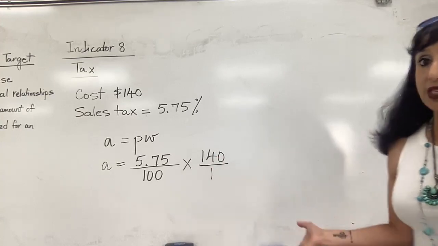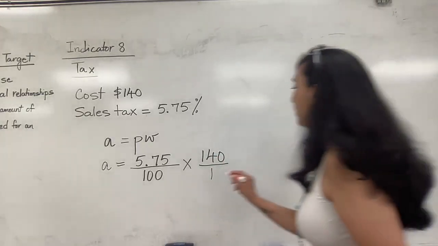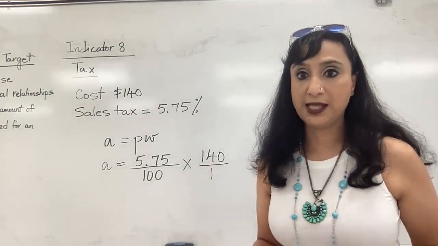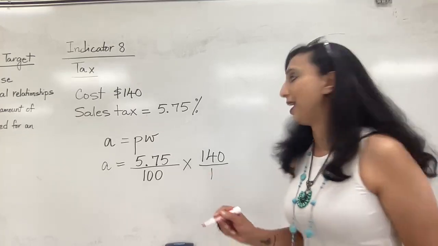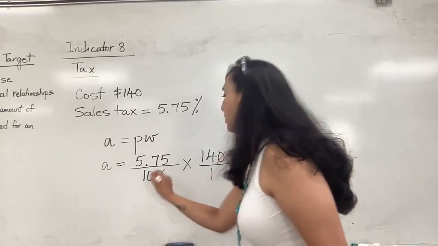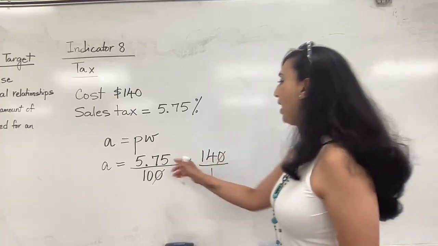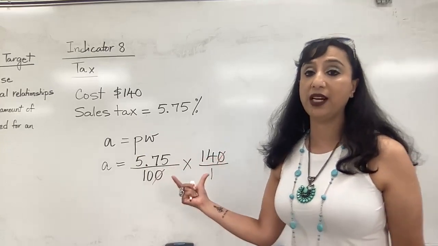So I am going to simplify this. I'm going to divide it by 10. Anything from the numerator to the denominator can be simplified, so I'm dividing the top and the bottom by 10. So this is gone and this is gone, the zeros are gone. Then I can take one of those numbers and divide it by 10.